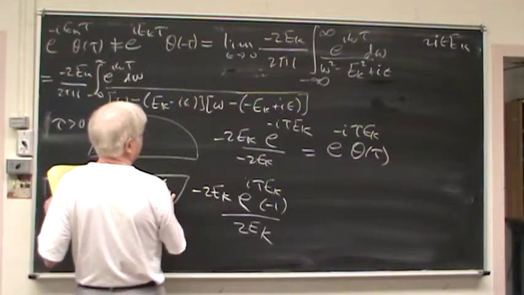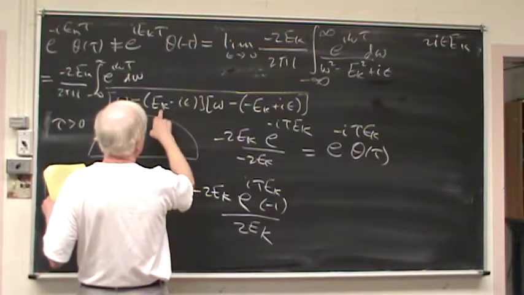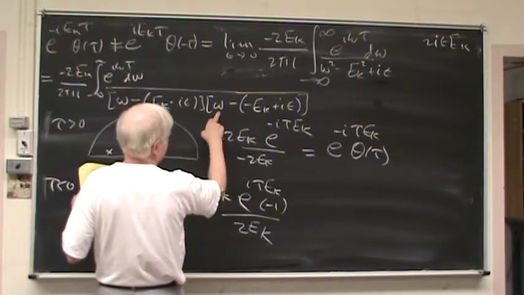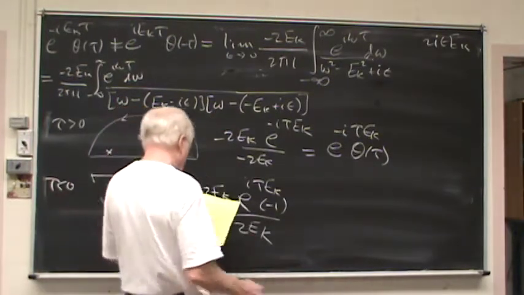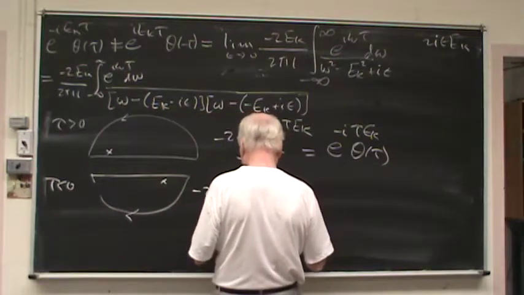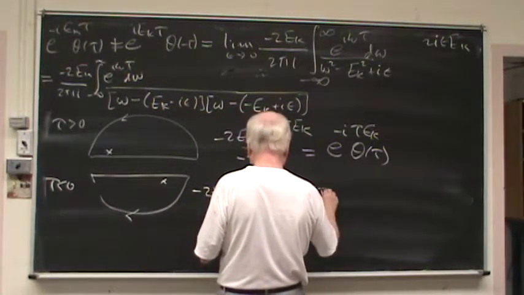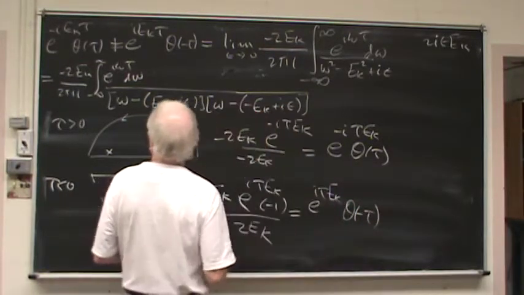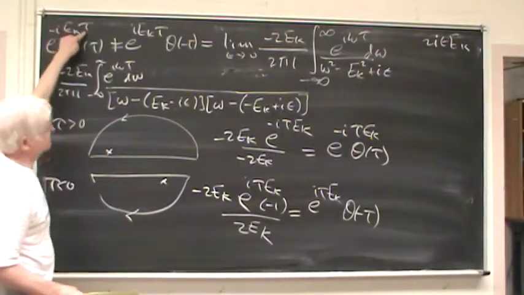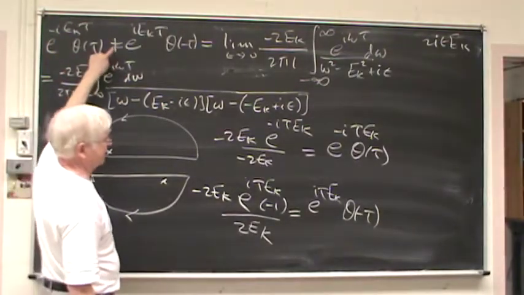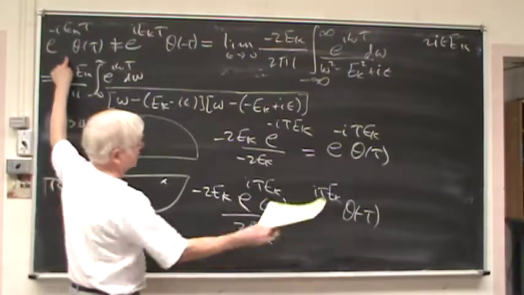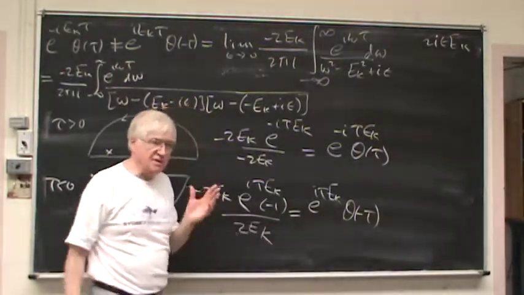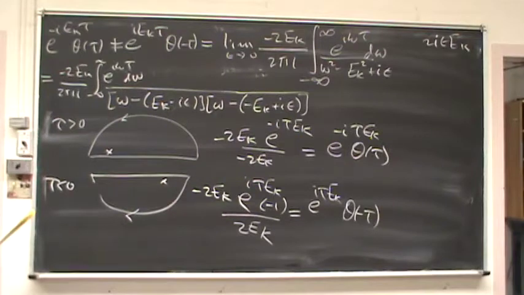This pole here is this one, and consequently these two come in with 2ek. All right, so altogether, this one turns out to be e to the i tau ek, and now this is theta of minus tau. So you see, either minus i ek tau, I've got it backwards, don't I? No, this one plus that one. Okay, so we wound up with the correct form by this contour integral.